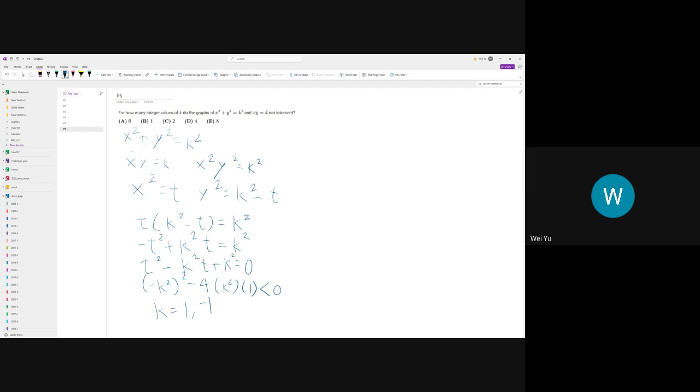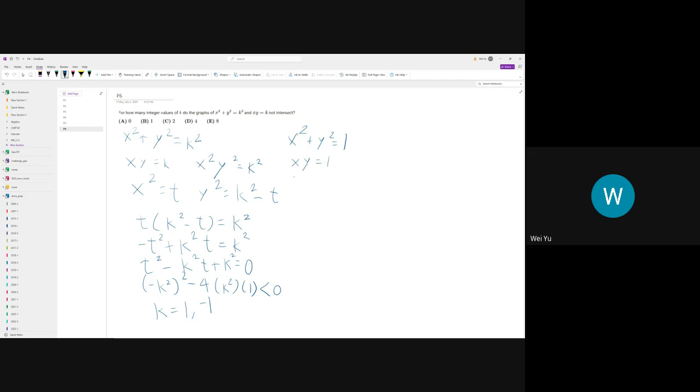Checking that these original equations have no solutions is easy. To show that these have no solutions, we have x squared plus y squared equals 1, and xy equals 1.